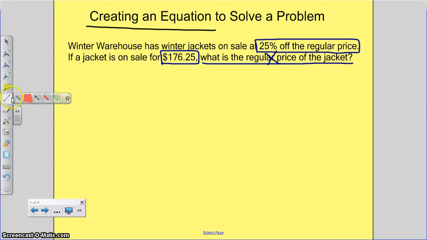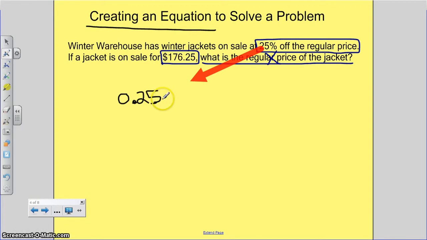So, one of the first things that we're going to do is change this 25%. We have to change that into a decimal because we can't work with a percentage sign. So, as you likely know, 25% as a decimal is 0.25, 0.25x. Okay.